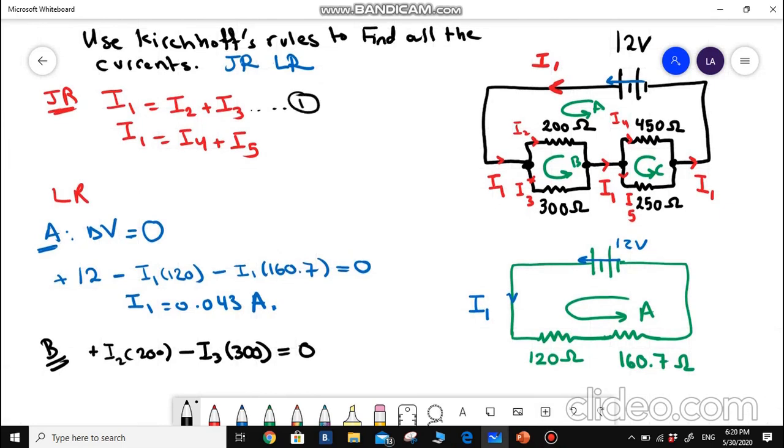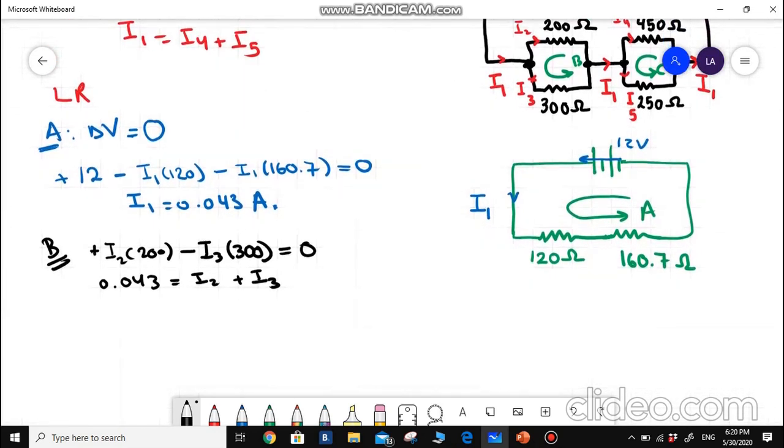Let me name it 1. So, from equation 1, I can know that I2 plus I3 is equal to I1, which is this one. 0.043 is equal to I2 plus I3. So this is just equation 1 from the junction rule.